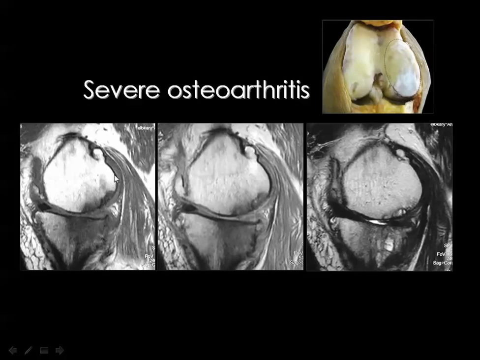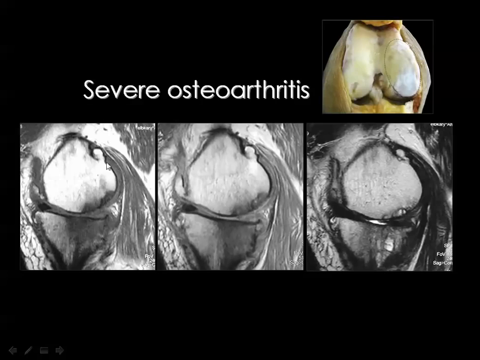And here you can see this is the articular cartilage of the femoral condyle, which has been totally lost here, and the result is the development of multiple subarticular pseudocystic changes, which are common in severe cases of osteoarthritis.